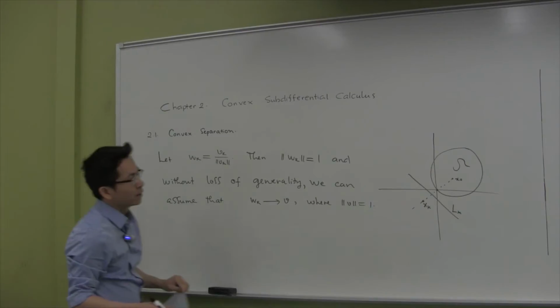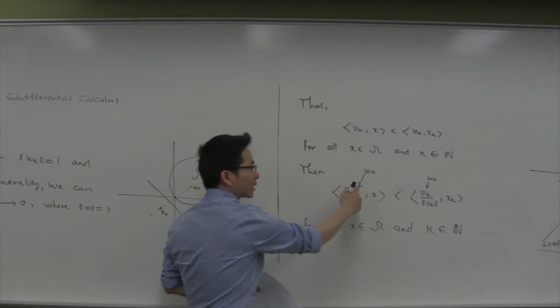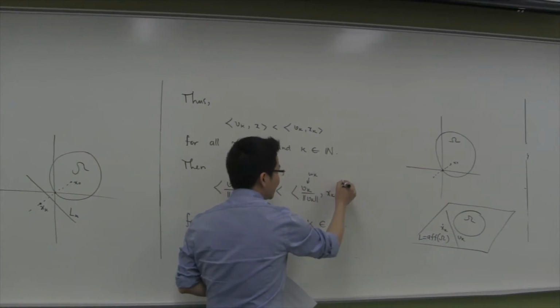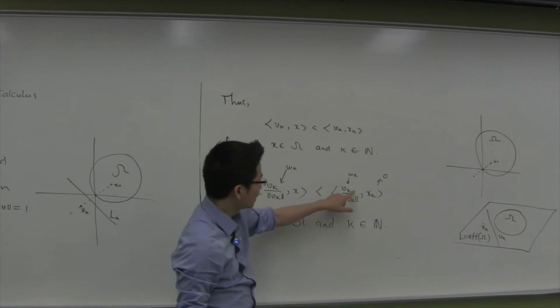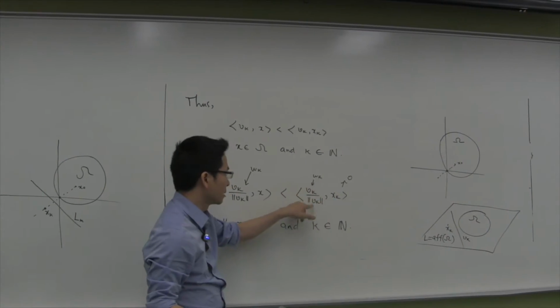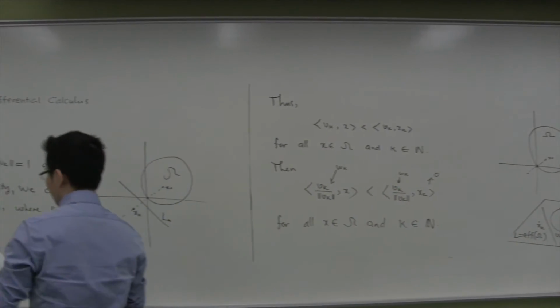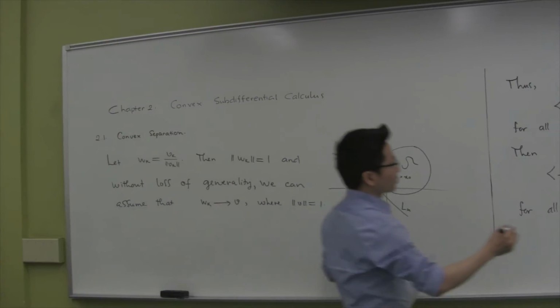Now from here, by passing to a limit when k goes to infinity, and observing that x_k converges to 0, this inner product also converges to 0. I denote this one by star.